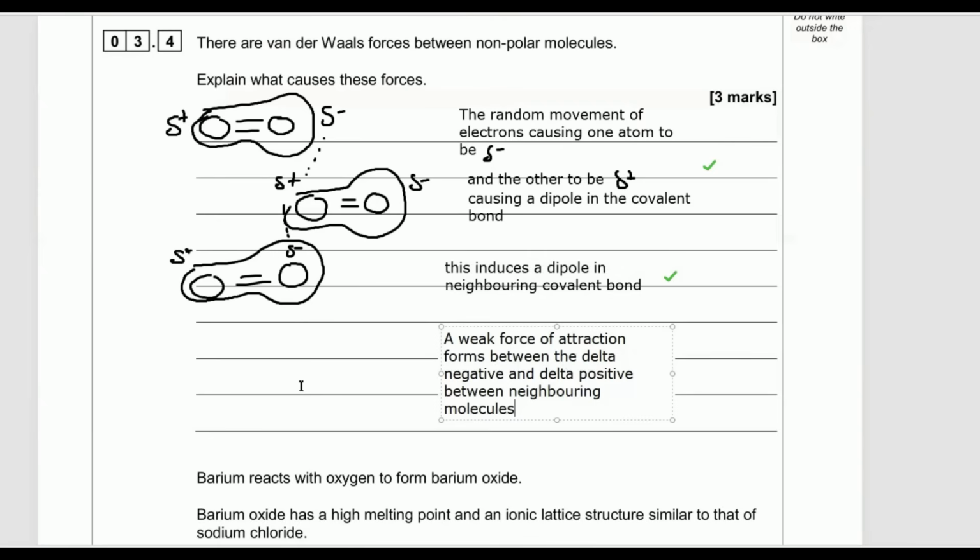So what we're saying there, that has got to be distinct, is we're talking about the electrons within a bond here. The random movement of electrons causes a dipole to be formed. That induces another dipole, and that's the second mark, in the neighboring molecule. And then a force of attraction is created between the delta negative and delta positive between the adjacent molecules. Nice.